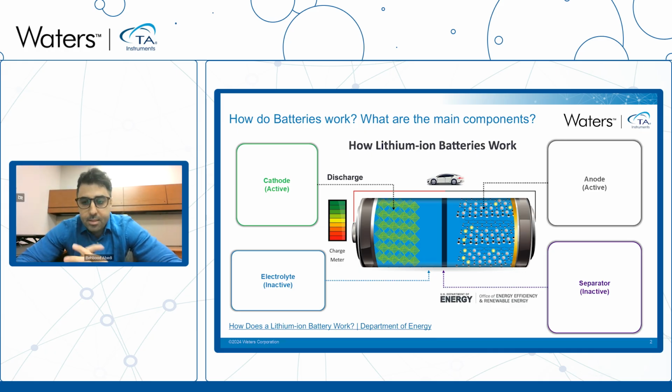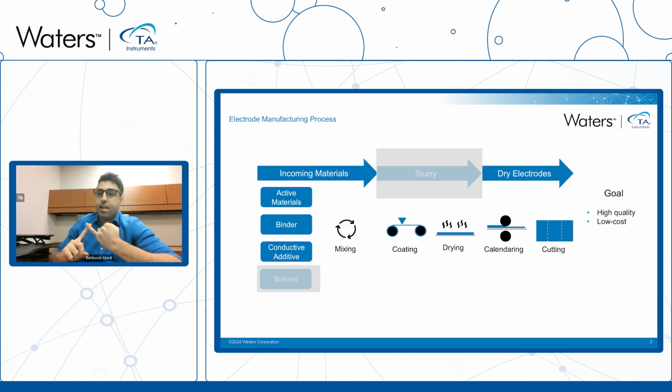So now, how do we make these electrodes? We need active material. Everything happens there. The release and storage of lithium ions, the electrochemical reaction, happens there. Then these active materials normally do not have sufficient electrical conductivity, so we need some conductive additive to boost their electrical conductivity.